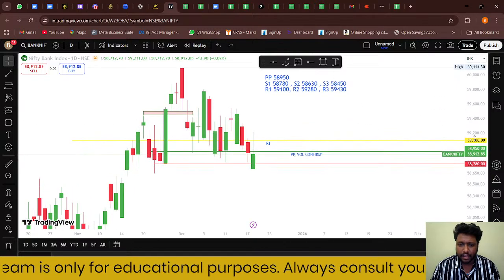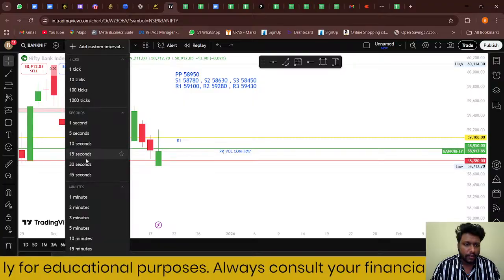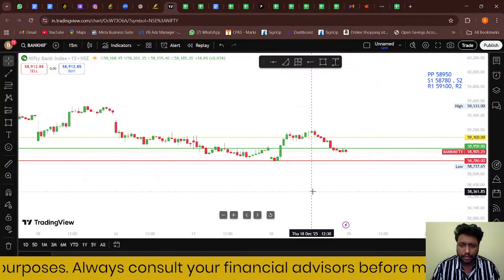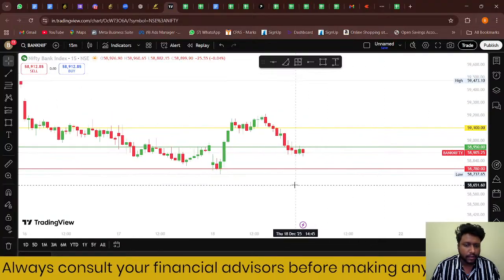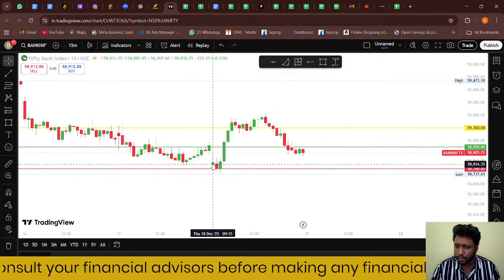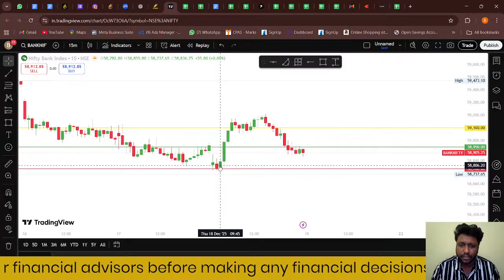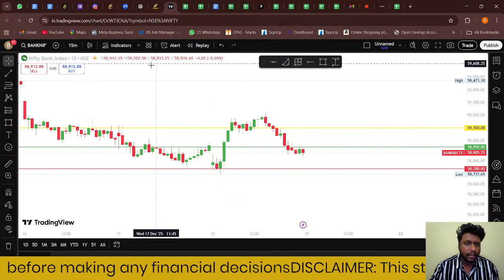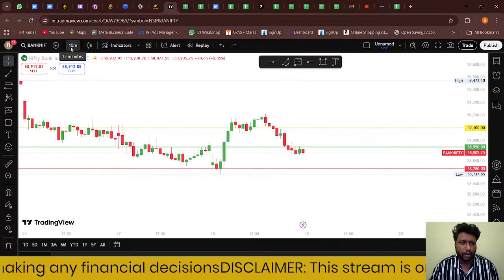On Bank Nifty, we will change it to 15 minute and check. Yesterday Bank Nifty was opening near our support 1 exactly. This is what I meant, a proper volume based reversal or breakout.